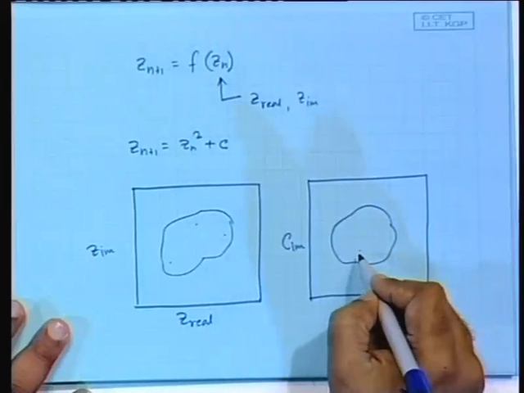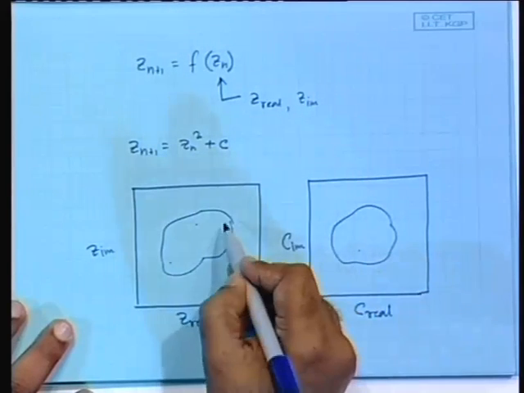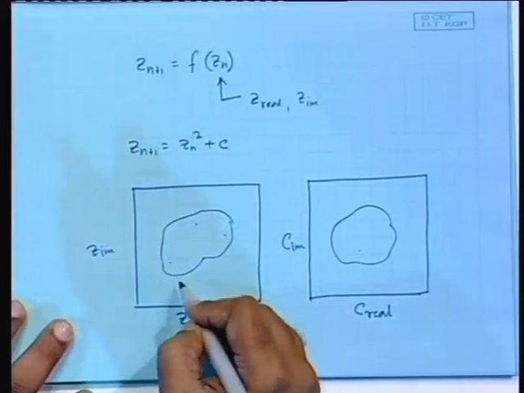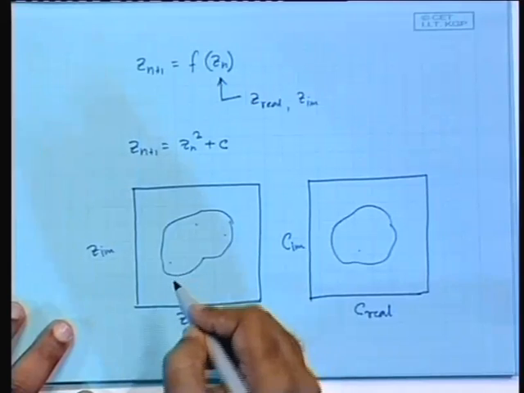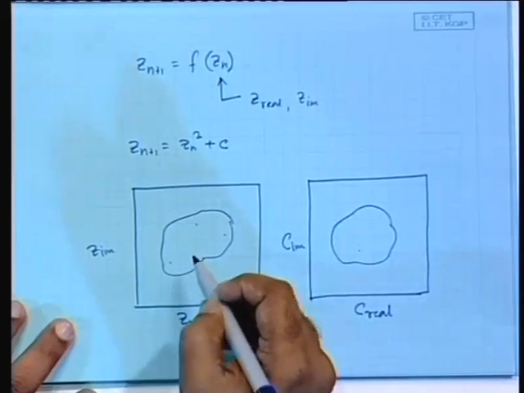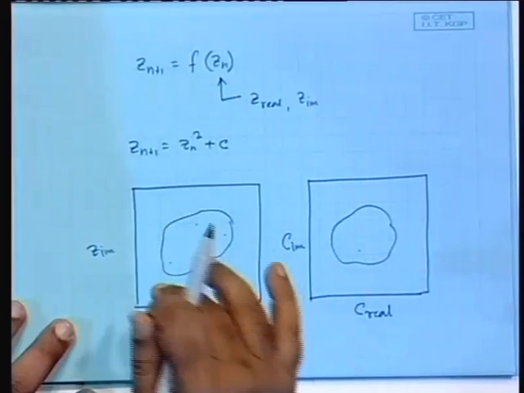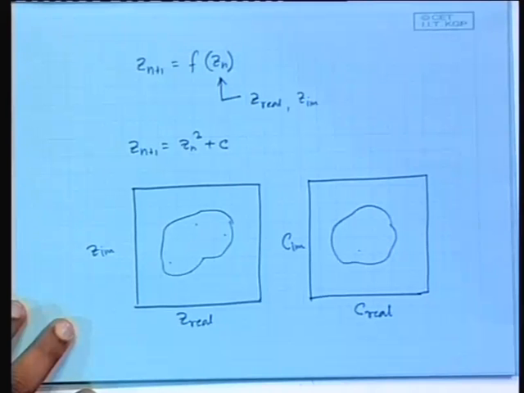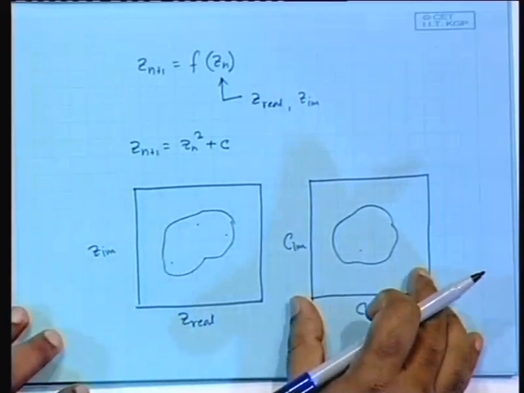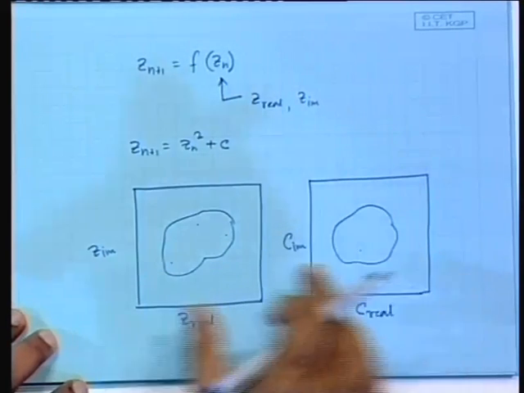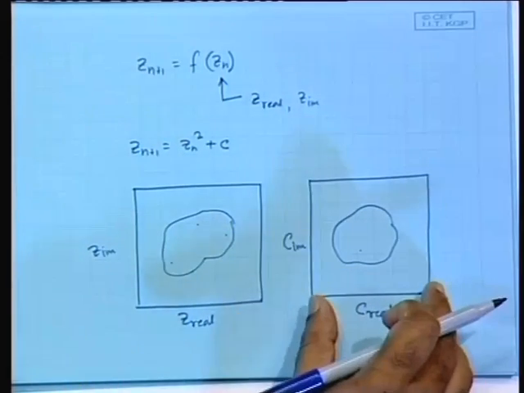So for every parameter C, there will be a set in the state space for which, if the initial condition is within that set, it will remain bounded. So here is a set in the parameter space, and here is a set in the state space. What we are seeing on the computer screen now is the set in the state space, this blue set.